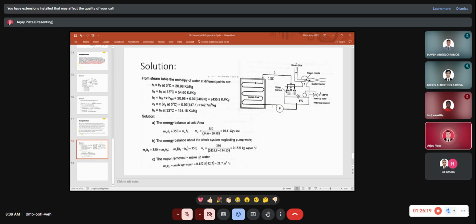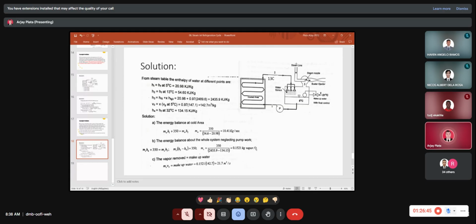So, ibig sabihin, so it means that the removed water vapor here will be the quantity of the makeup water. So, kung ano yung na-remove, yun yung makeup water natin. So, in this case, the remove amount is 0.1521 kilogram per second.